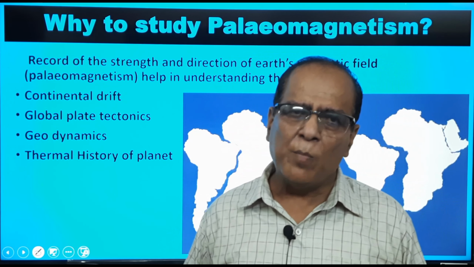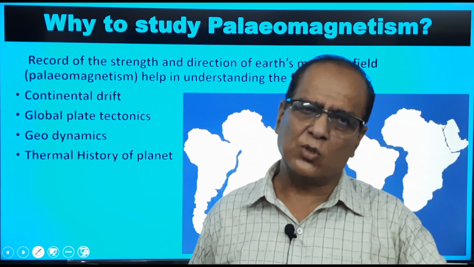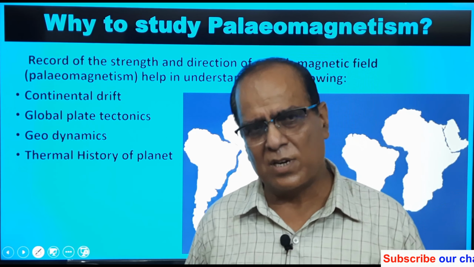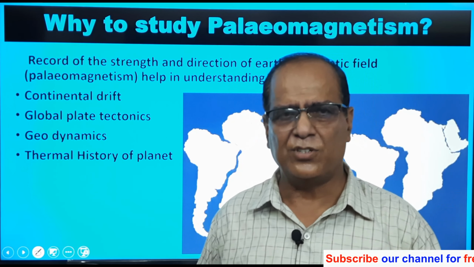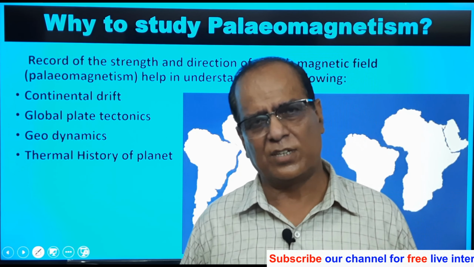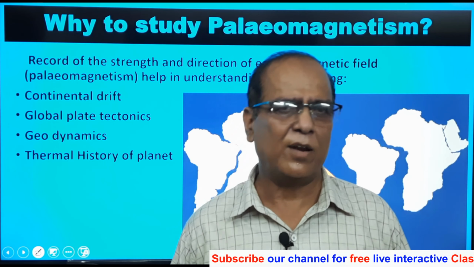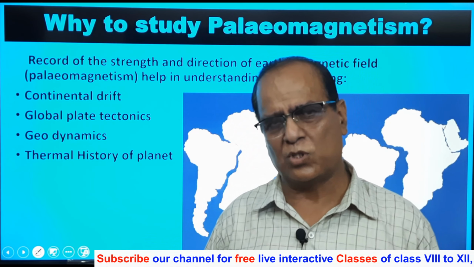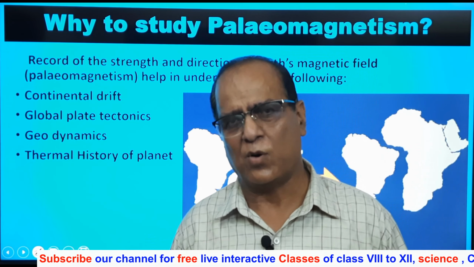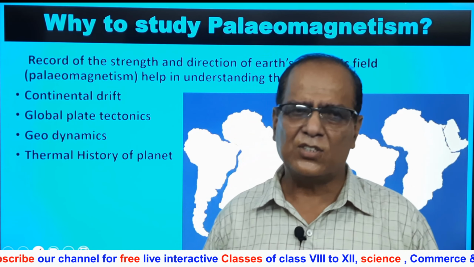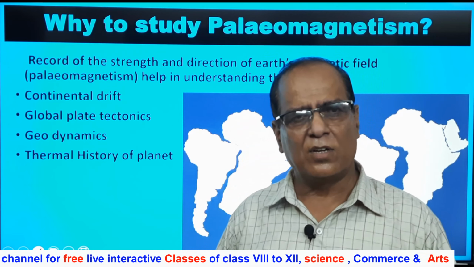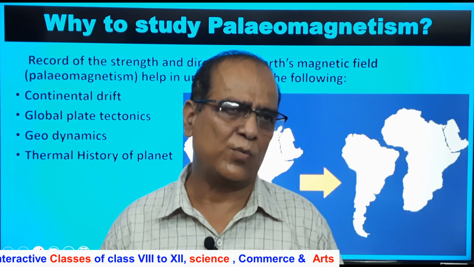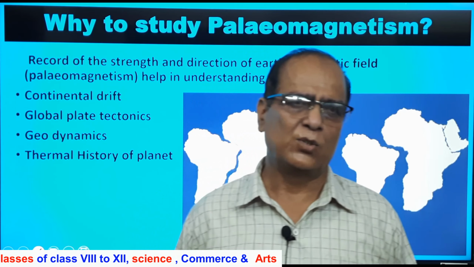Their movement and their existence in certain tropical regions or temperate regions, that history we can find out, and we can estimate what kind of temperature was prevalent at that point in time out there. So the thermal history, the heat related things, we can also find out with reference to the continents. So that's it.